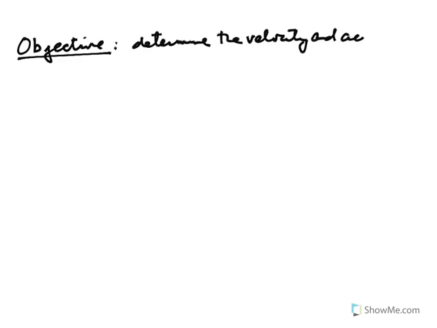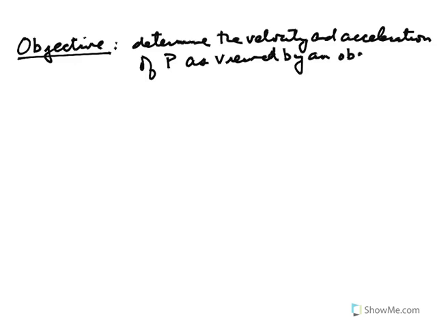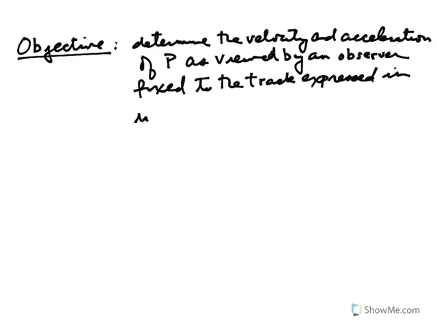The objective is to determine the velocity and acceleration of P as viewed by an observer fixed to the track, expressed in intrinsic coordinates relative to the track.